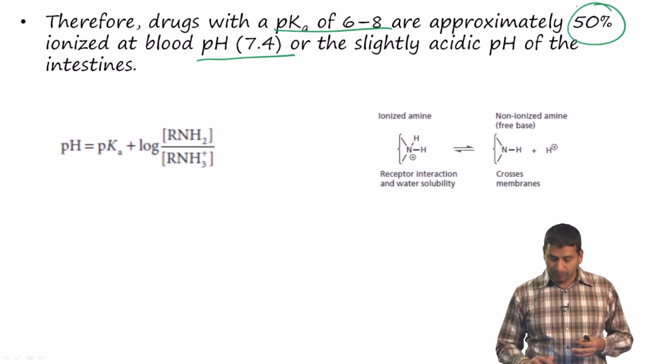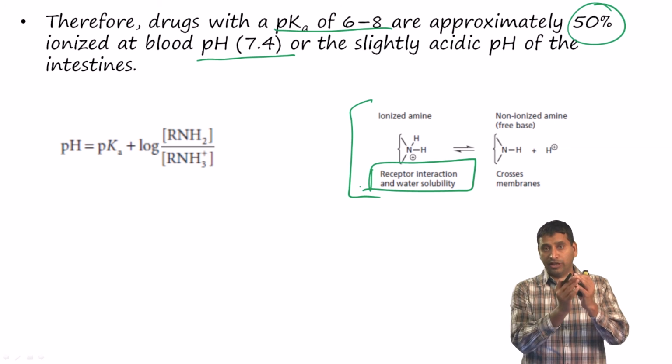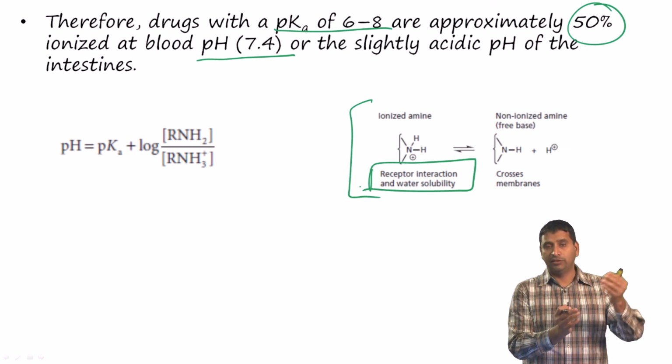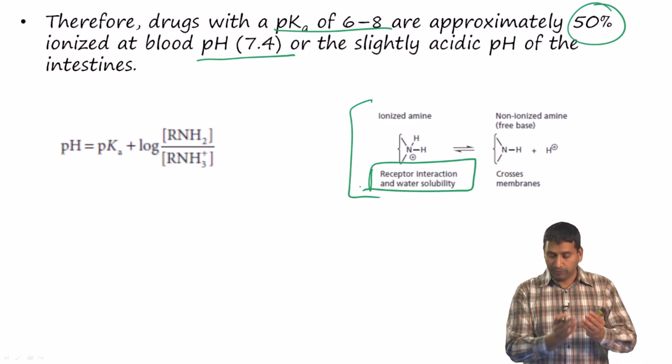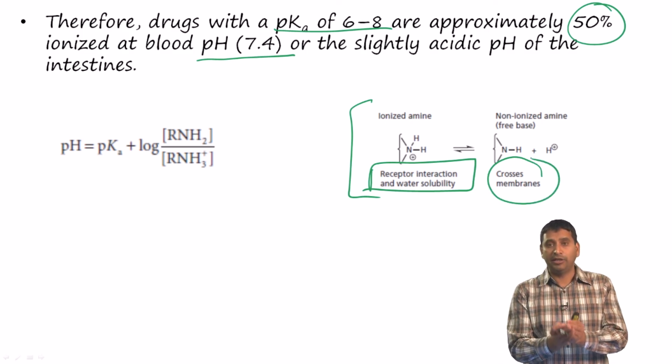Here is, for example, a situation where the receptor interaction can occur, because it has an RNH3 plus, a cation is formed, and if the receptor has a negative charge on the surface, then it can interact with it. And here is a situation where it is in the free amine form, or a neutral amine form.